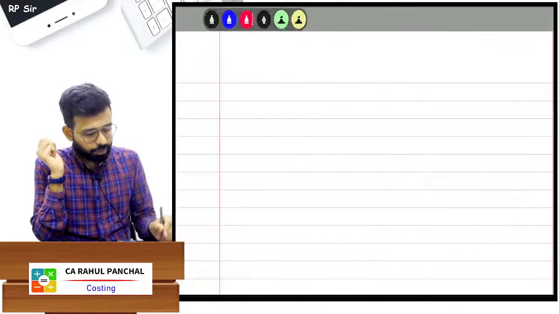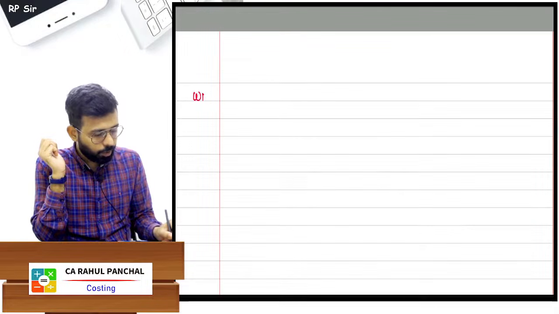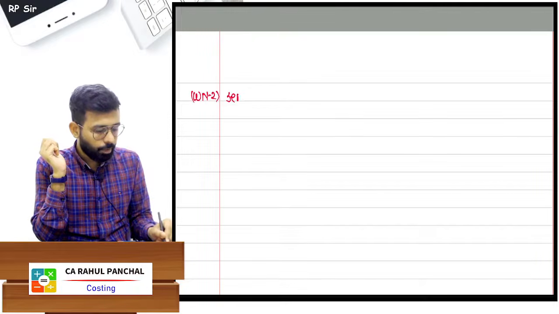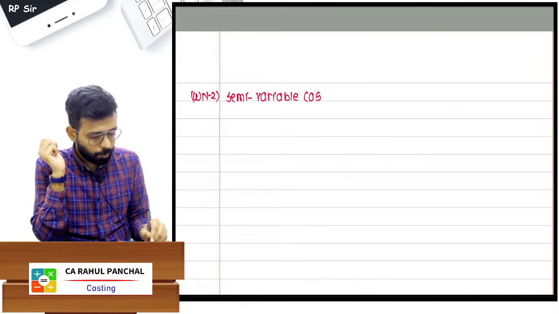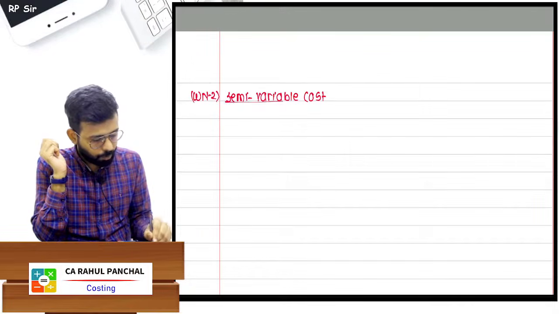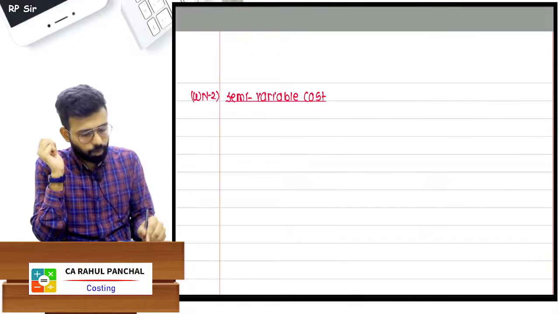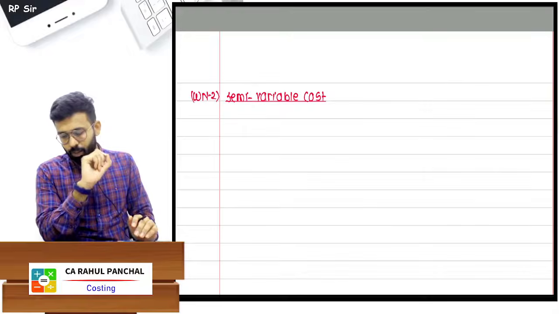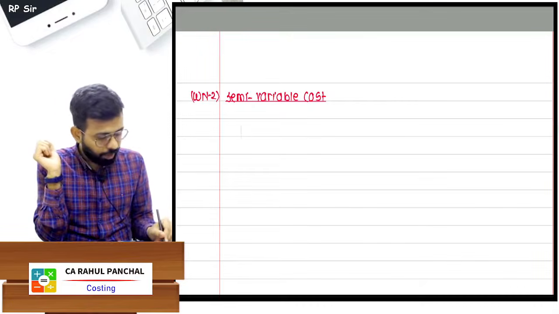Now let us make the second working note, that is working note number 2, which is with reference to semi-variable cost. If we talk about semi-variable cost, the example is electricity over here. So I can write electricity.